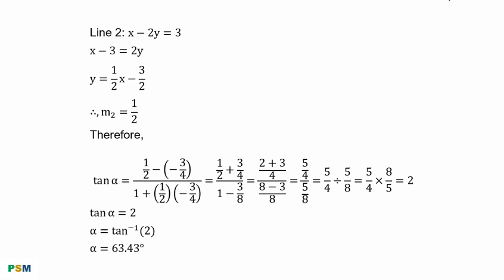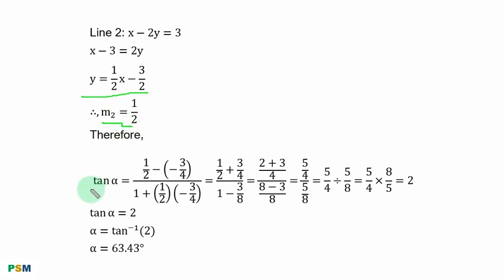Line 2, you also write it in the gradient intercept form by simply solving for y, and you have it in this form. m2 becomes 1 over 2.